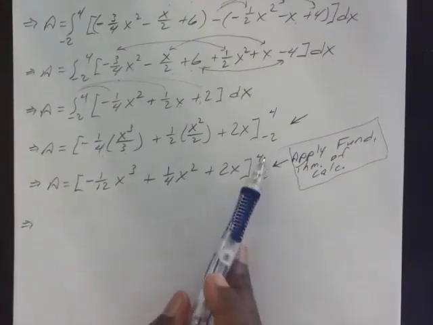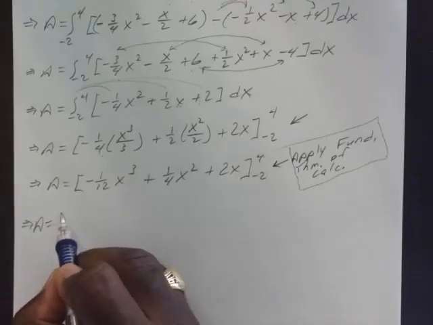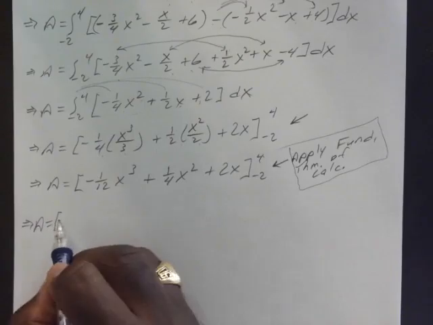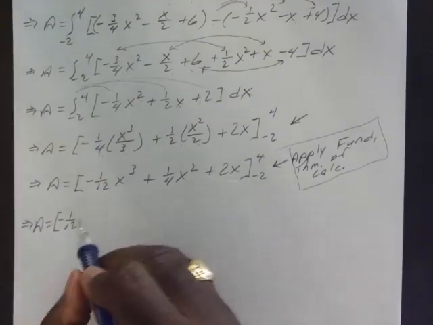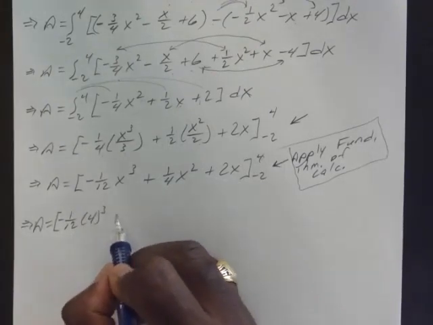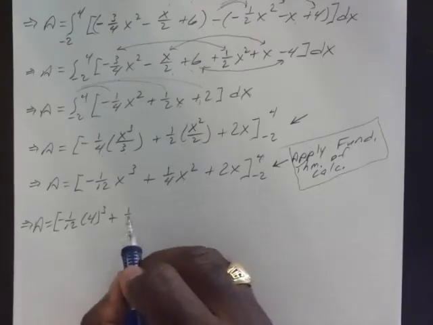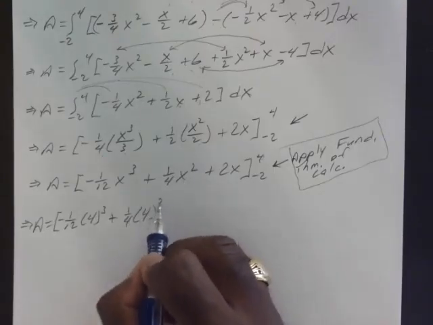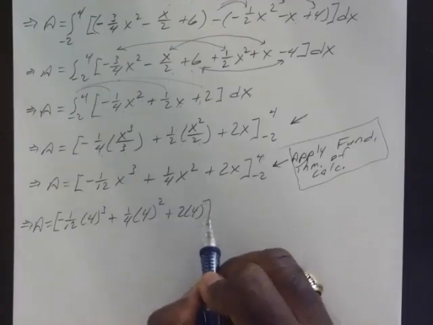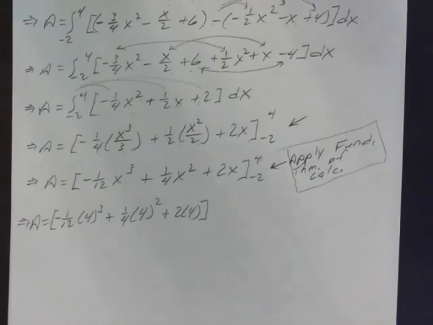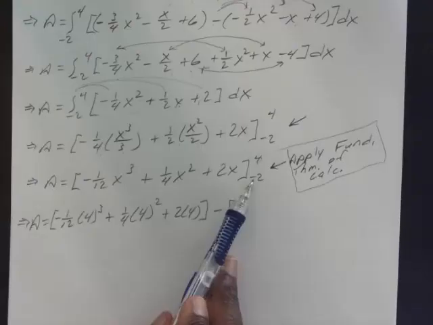Okay, so now we plug in our upper bound. We have negative 1/12 times 4 to the 3rd power plus 1/4 times 4 squared plus 2 times 4 minus, we go ahead and plug in our lower bound.